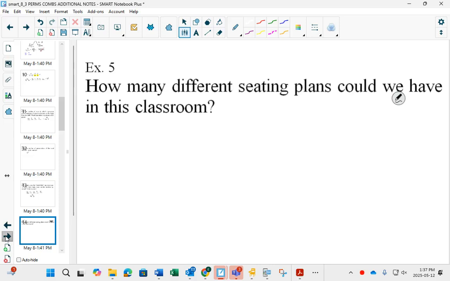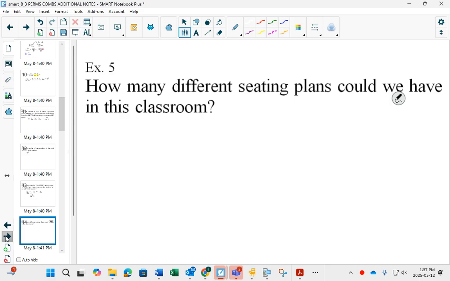Oh, seating plans. How many different seating plans could we possibly have in this class? Well, first of all, if everybody would be here today, we would have 29 people. And what did I say? There's 32 desks, right? So there would be how many decisions, right?